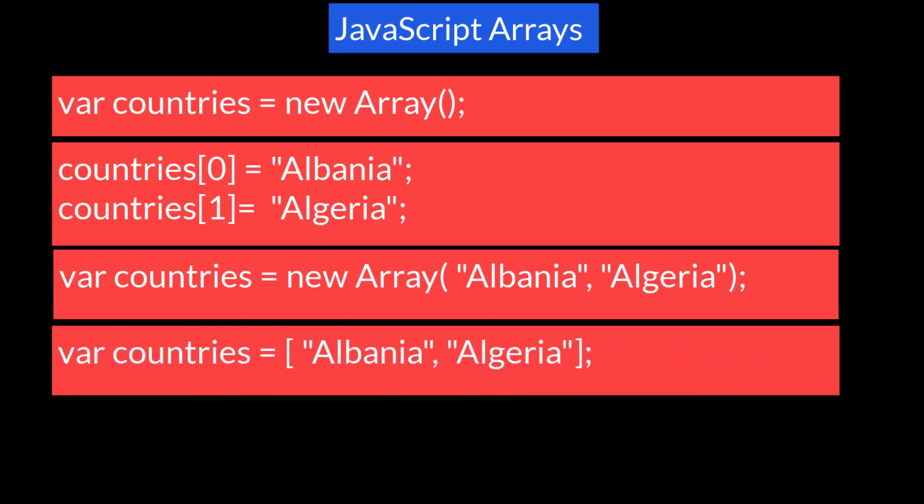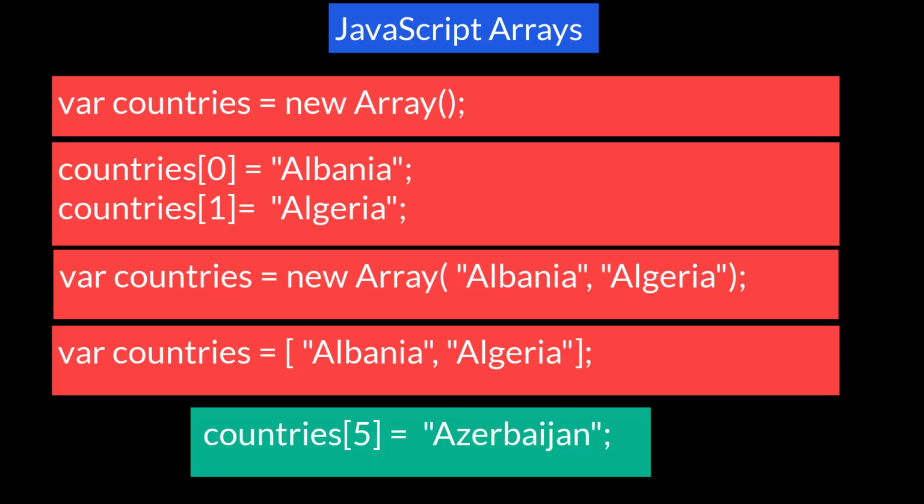Alternatively, you can create and initialize an array by simply listing values in a pair of brackets. For example, var countries = ["Albania", "Algeria"]. Note that though the above creates an array with two elements, any array can be extended by simply assigning to an entry with a new index value. For example, countries[5] = "Azerbaijan".